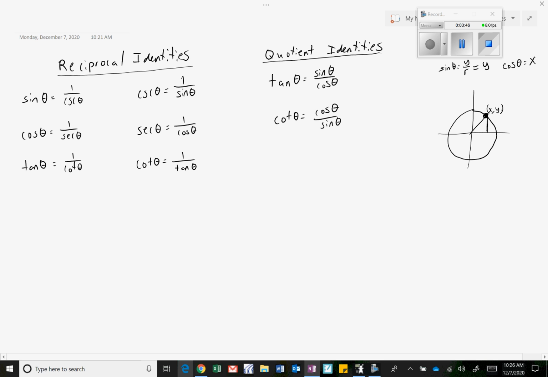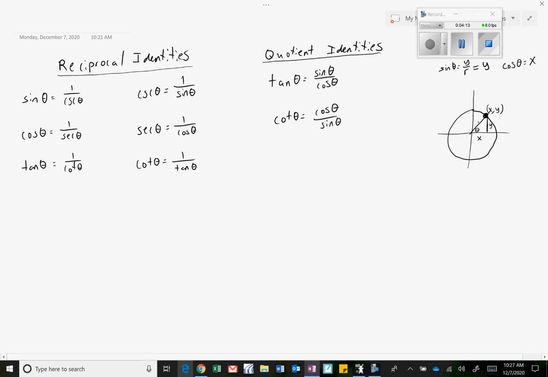I don't know the distance here on the x-axis, so I'm just going to call that guy x. And then again, I don't know the height there, so I'll just call that y. So if I'm looking at, put theta right there in the corner where it should be.